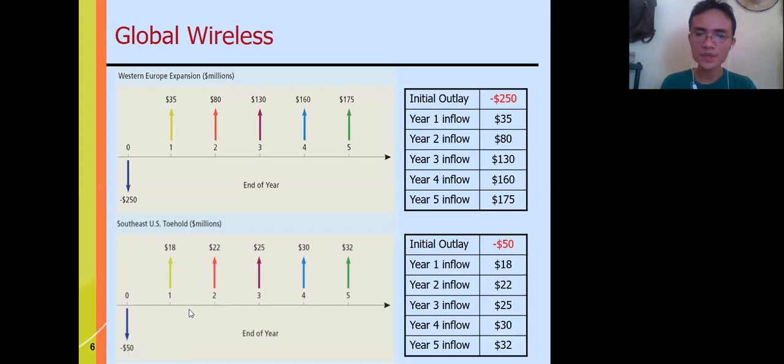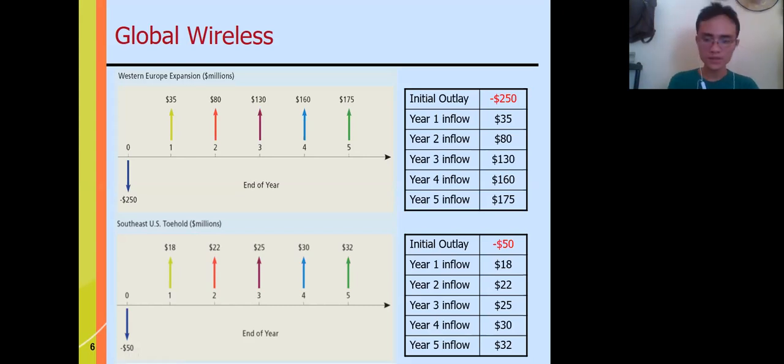In this case, guys, what we can do is compute this by looking at the inflow. If the given inflows are still lesser than the total amount of the investment, then we are going to continue up to such time that the total inflows would equal, or be close to equal, or be higher than or close to the total amount of investment.